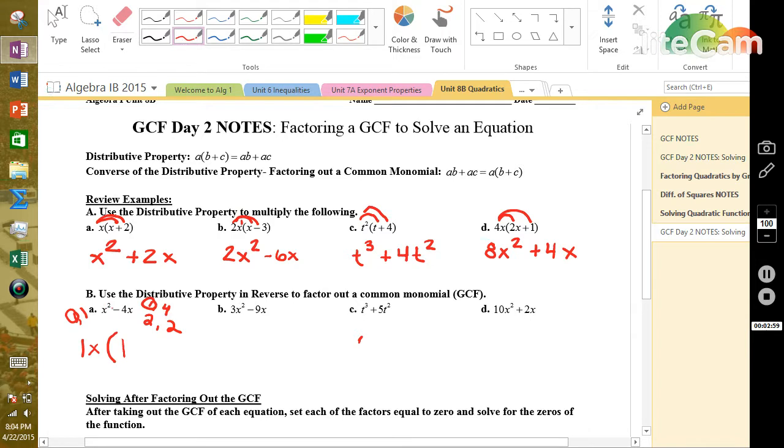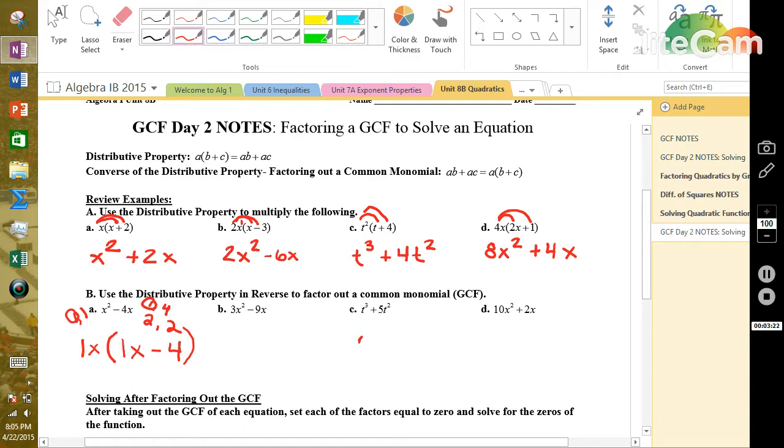There was 2 x's. I took 1 out, so there's an x left over. 1 times what gives me negative 4? That would be negative 4. There was an x. I took an x away, so there's no x's left.